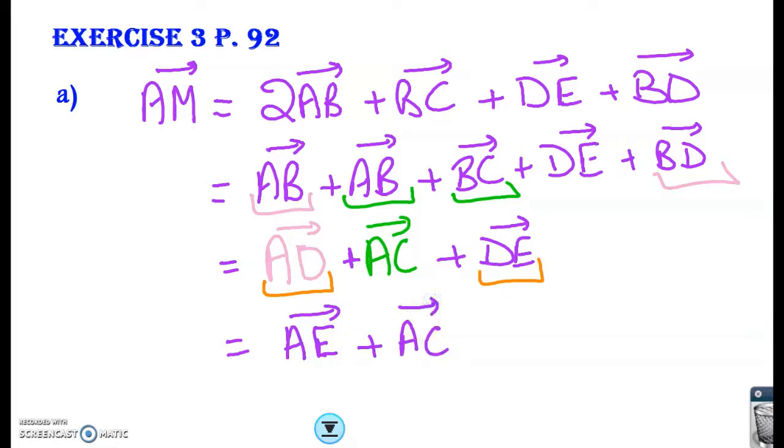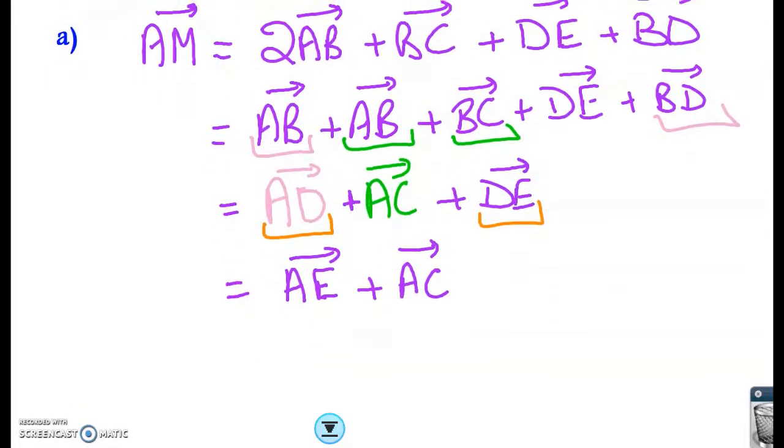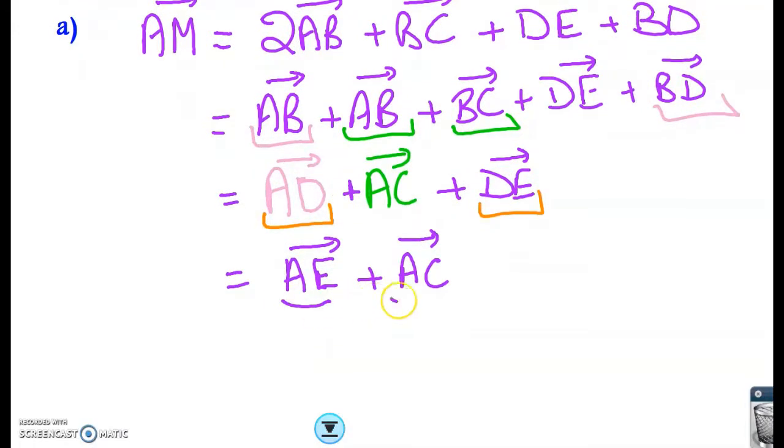Now we can't simplify any further, but we notice that the two vectors start from the same point. So to construct their sum, it's enough to complete the parallelogram. So I'll just draw a quick sketch here and then go back to the original figure. So let's say this is AE and this is AC.